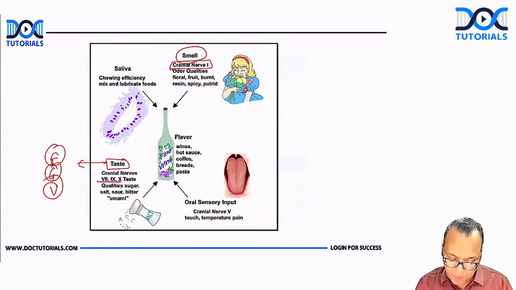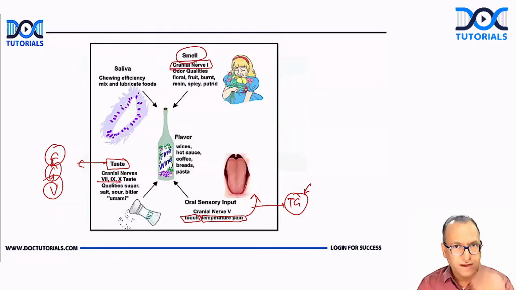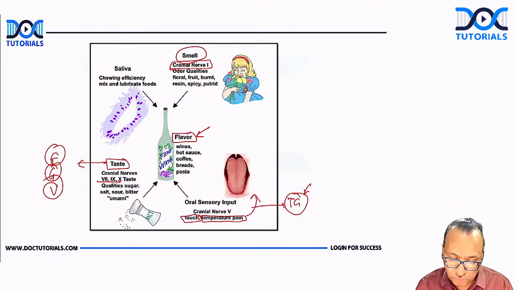It is also about the touch, temperature, pain, etc. And that is where the trigeminal comes into the picture. I told you, if there is a pungent smell, it is irritating, that is also going to tell you about flavor. So in that sense, any sensory nerve should be working with the smell for giving you the sense of flavor. That is what I can mention here.